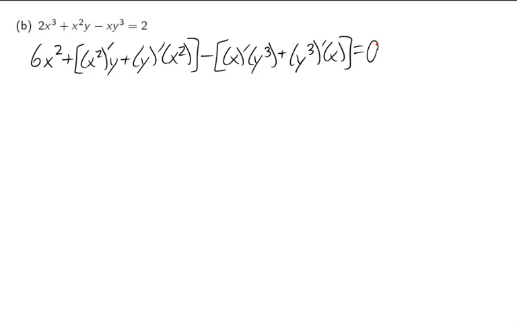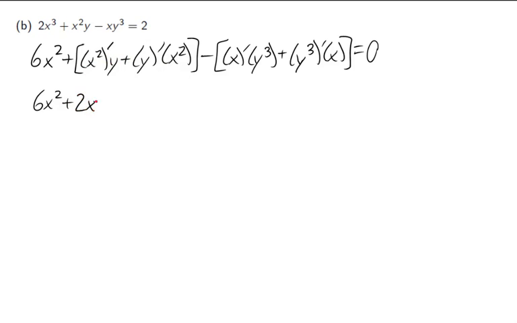Now, I was very deliberate with these brackets because this product rule is creating a derivative that's a single part of what was originally here. For this one, it didn't matter with the brackets, but for this one, you have to subtract the entire derivative. That's why I put this term in brackets. Anyway, let's keep cleaning up. 6x squared. Now this one I can just drop the brackets because it doesn't make a difference.